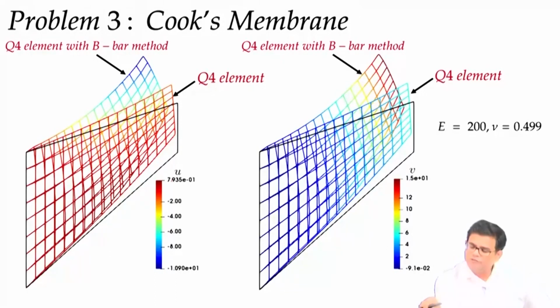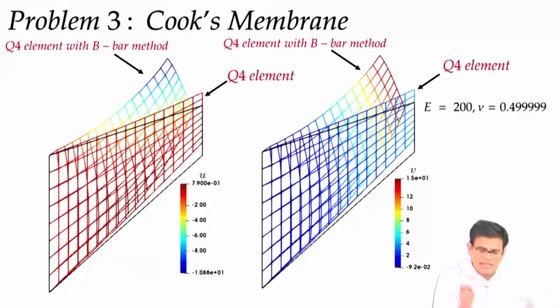Now instead of 0.499, if I increase the Poisson's ratio again, you will see that no bending is observed at all in the Q4 element. On the other hand, for Q4 with the B bar, the solution doesn't change much, because there is no volumetric part of the solution.